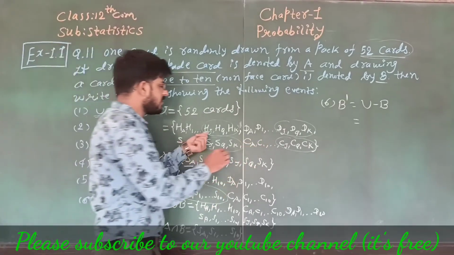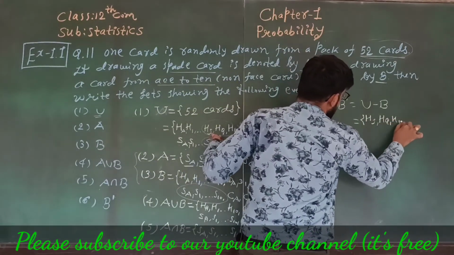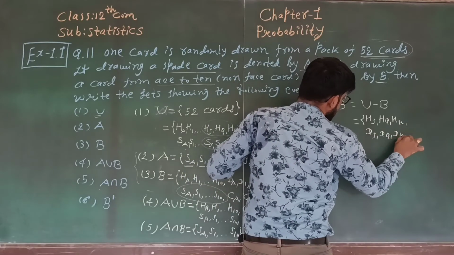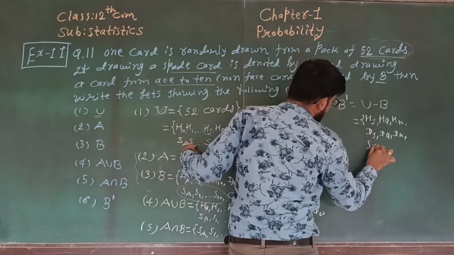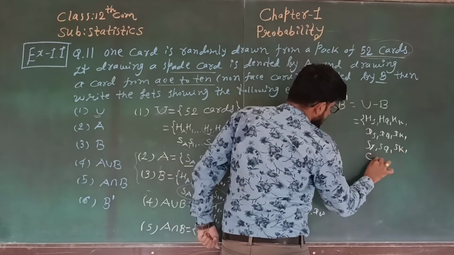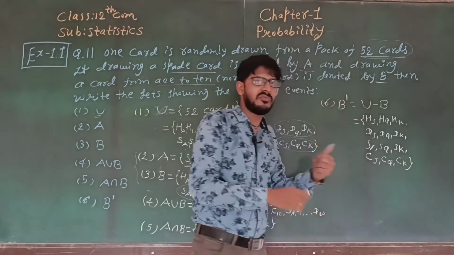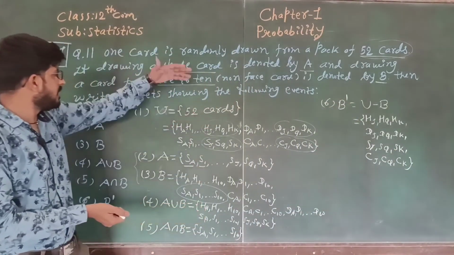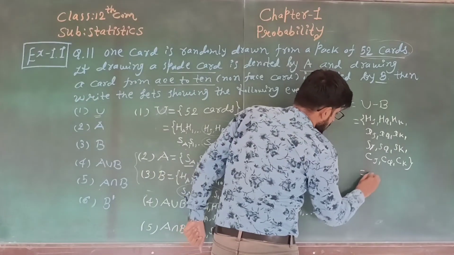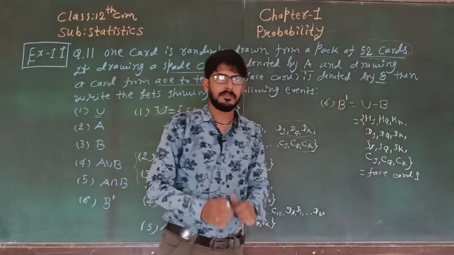So only we get HJ, HQ, HK, same thing DJ, DQ, DK, SJ, SQ, SK, and CJ, CQ and CK. We get only face cards, because in B it is given non-face cards, so B dash gives face cards. Is it clear? Thank you.